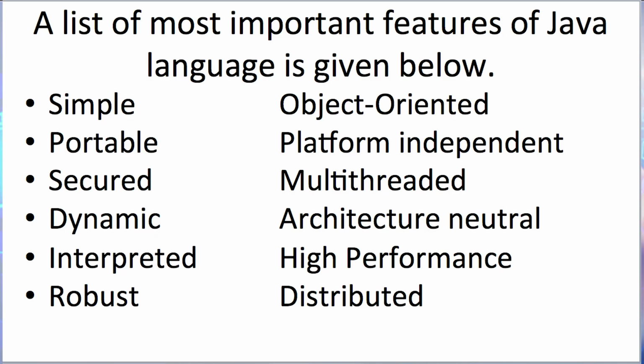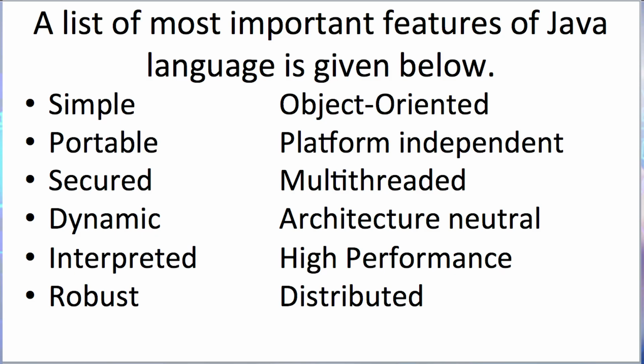Its size is very small, and it never takes more space, and it is a very secure programming language. It is a very dynamic programming language, an interpreted programming language. We can execute byte code, we interpret byte code on any platform. It is a very robust programming language, and Java is an object oriented programming language. This is also a feature of Java.